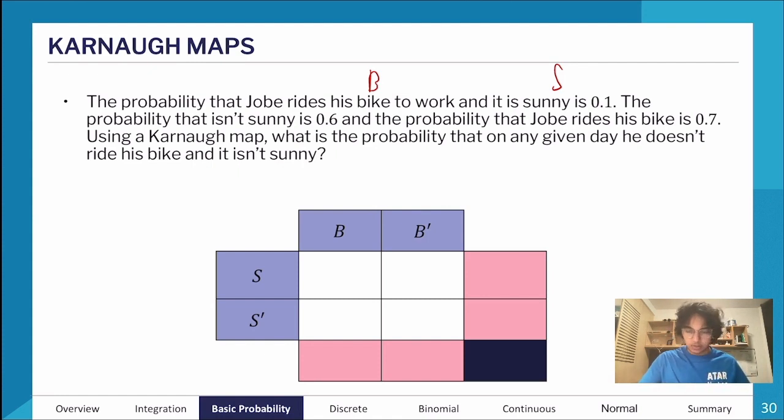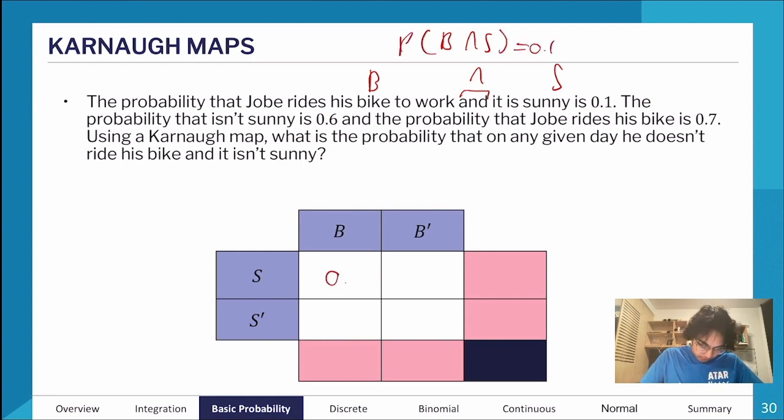You don't need to know what the guy's name is. What you need to know is the 2 events and the numbers. So the probability that Joe rides his bike to work and it is sunny is the intersection event, B intersection S, equal to 0.1.